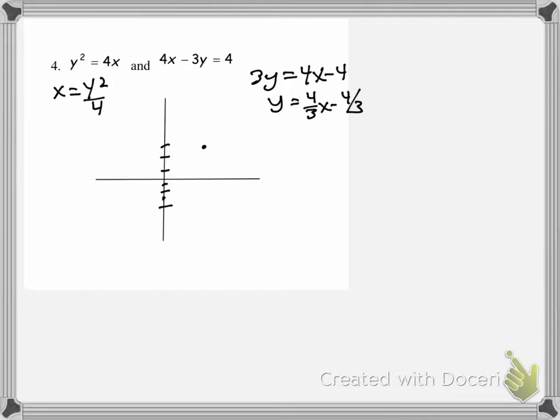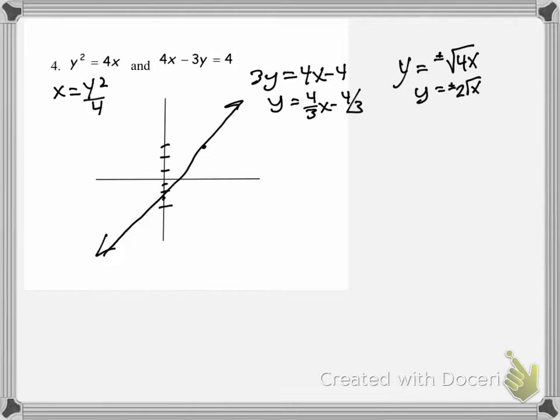So we'll just draw that like that. And then I need to solve this for y equals plus or minus square root of 4x, so y equals plus or minus 2 square root of x.